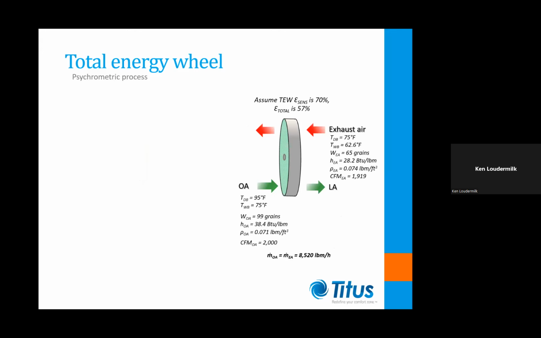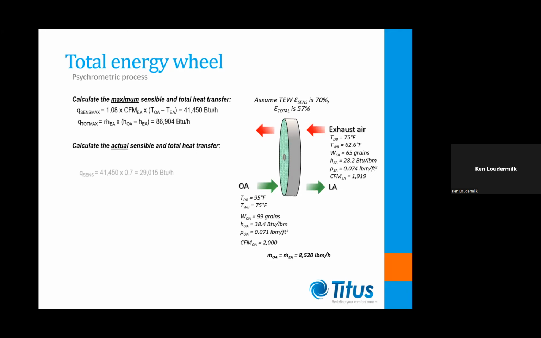Now, let's calculate the psychrometric effects for a real application. We'll assume that the energy wheel has a sensible efficiency of 70% and a total efficiency of 57%. First, we calculate the maximum sensible and total heat transfer that might occur if our heat transfer processes were 100% efficient.